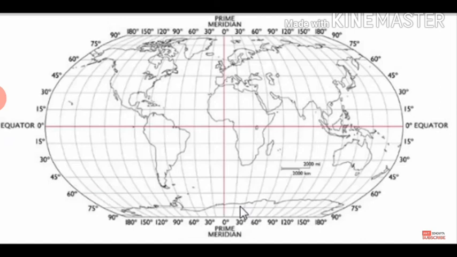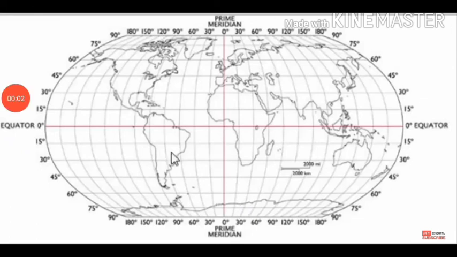Therefore, the longitude of a place is followed by the letter E for the east and W for the west. It is, however, interesting to note that 180 degree east and 180 degree west meridians are on the same line.